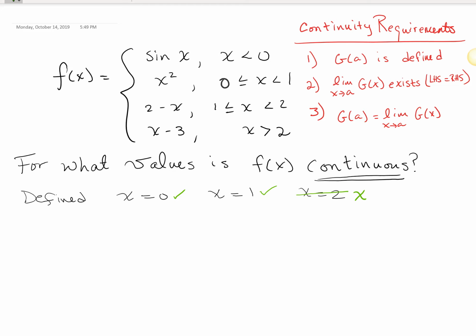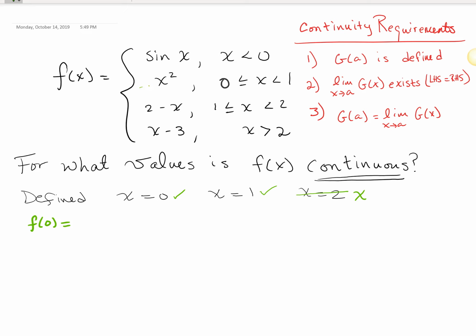All right, now we're going to check what f of 0 is and what f of 1 is, because we don't need to worry about 2. So let's see f of 0. We plug in 0, and the only one we can plug into is this right here, x squared, because that's where it's defined.